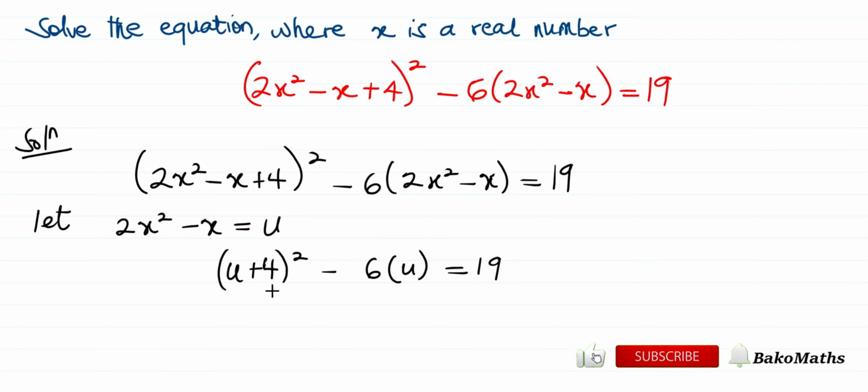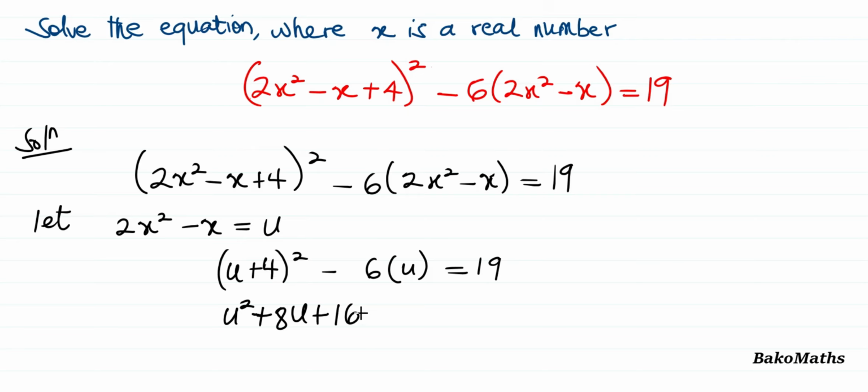Using the short procedure, expanding this will give us u², that is we square the first variable, and then we multiply u and 4, that gives us 4u. That answer 4u we multiply by 2 and that gives us 8u. Because plus is here, we repeat the same plus, and then we write our 8u plus 4 squared, that is we square 4, and 4 squared gives us 16. So we have that, and then 6u, 6 times 1 gives us 6u. We have our 19 here.